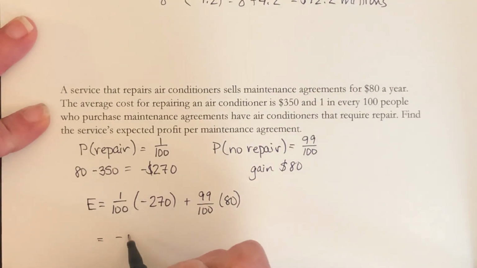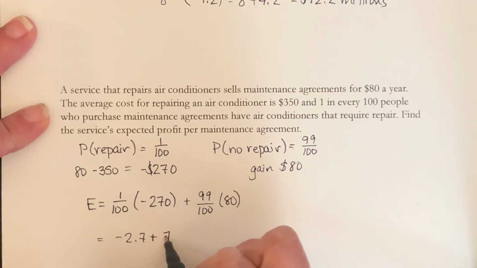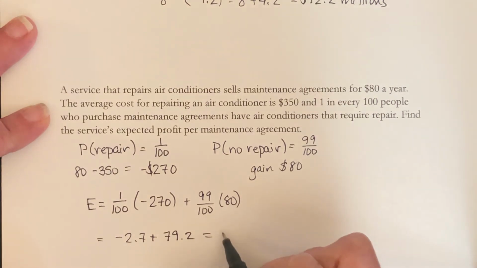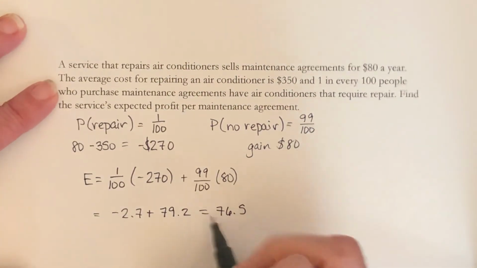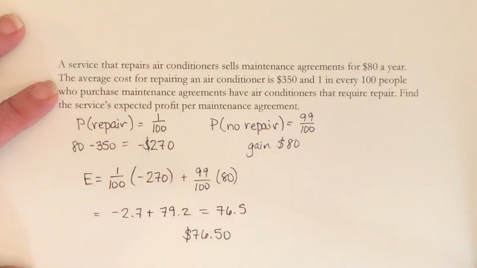That gives you negative 2.7 plus 79.2, which gives you 76.5. So they expect to get $76.50 per maintenance agreement.